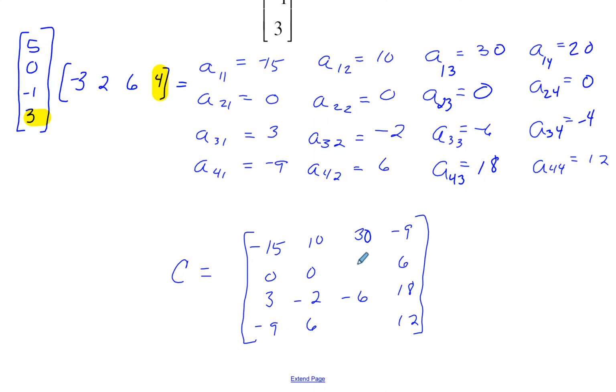Let me just make those edits in here, 30, 0, -6, and 18. And then the fourth column should be 20, 0, -4, and 12. There we go. So that is our resulting matrix for multiplying those two together.